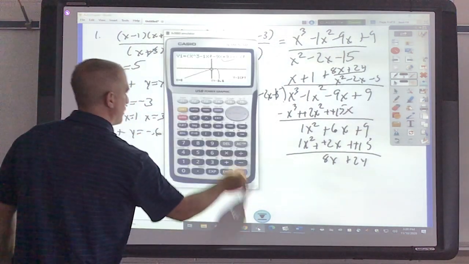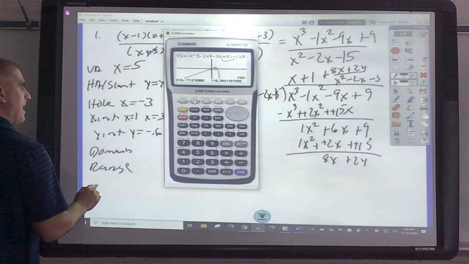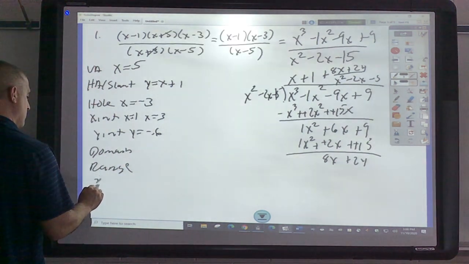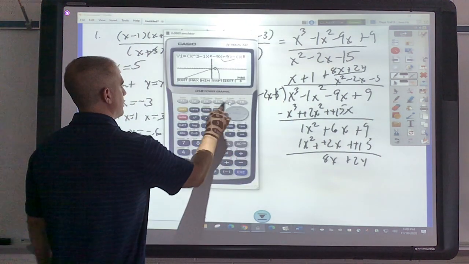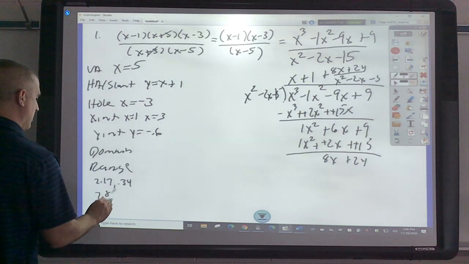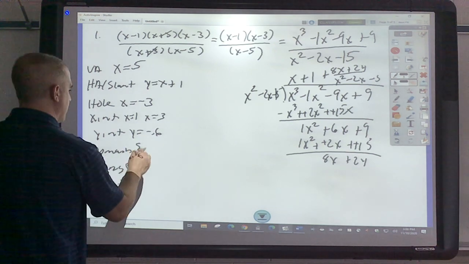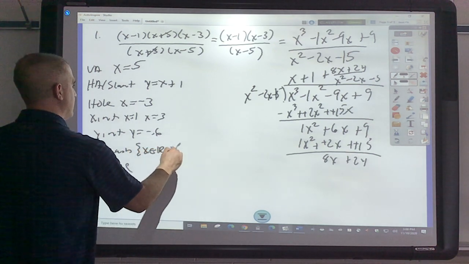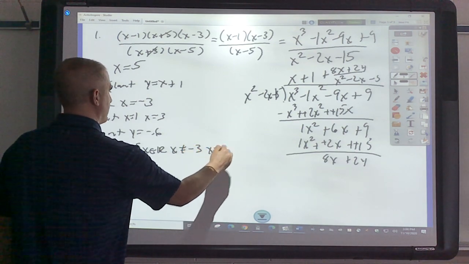To get the range with this, I'm going to do calc maximum, my max is 0.34. Calc minimum is 11.6. So from the domain standpoint, it's all real numbers, but x can't be -3. x can't be 5.